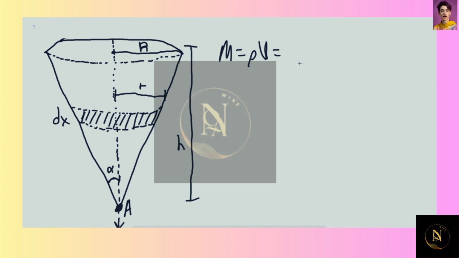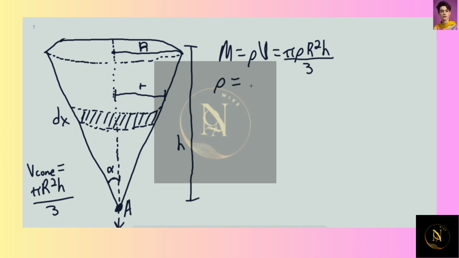And this would be equal to pi rho r squared h over 3, given that the volume of a cone is, again, pi r squared h over 3. So in this case, we would have to solve for rho.